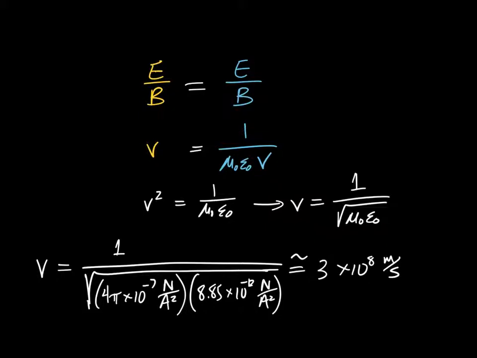We haven't done much physics today. We did the math associated with that physics. And so we come up with a result that the ratio of these two fields is always the same ratio no matter what your perspective is, and that it boils down to the product of two universal constants.